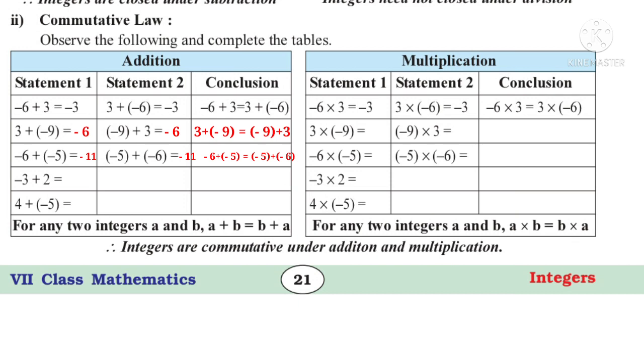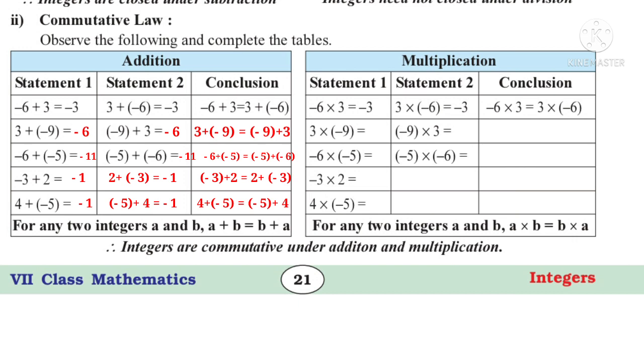Now let us take minus 3 plus 2, which gives minus 1. Interchange them. 2 plus minus 3 also gives minus 1. So minus 3 plus 2 is equal to 2 plus minus 3. And last, 4 plus minus 5 gives minus 1. Interchange them. Minus 5 plus 4 also gives minus 1.